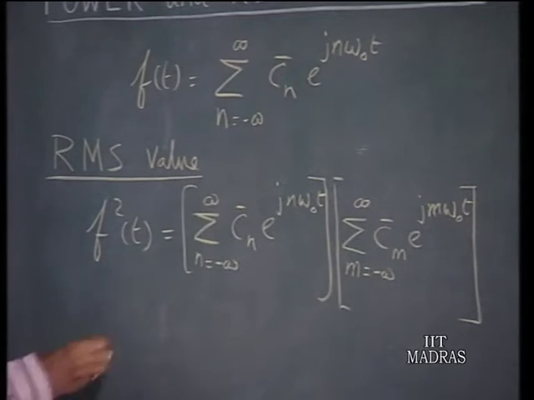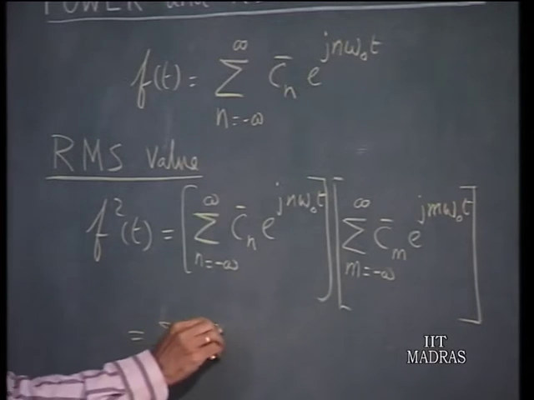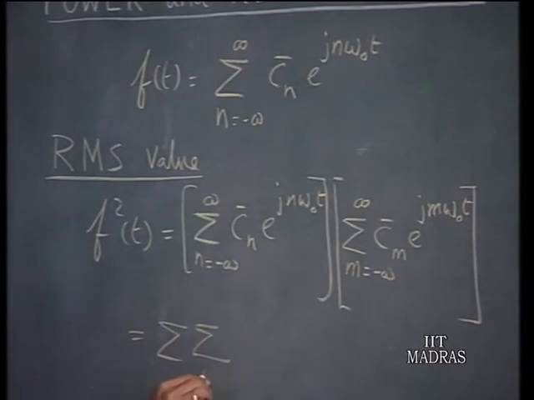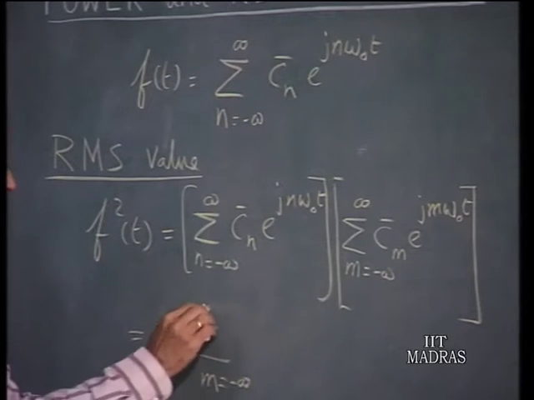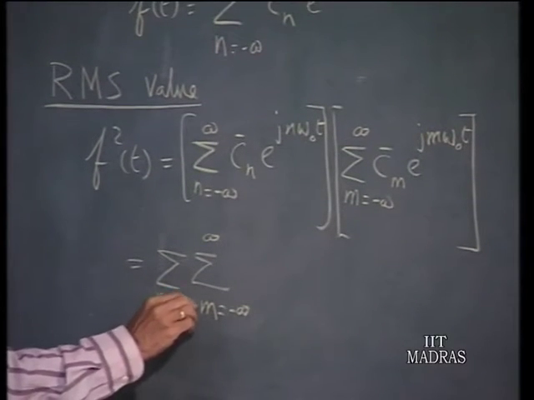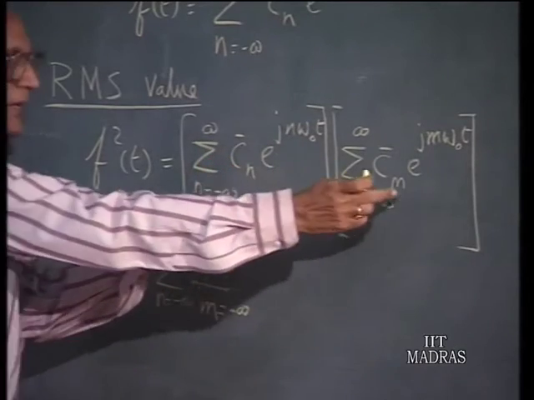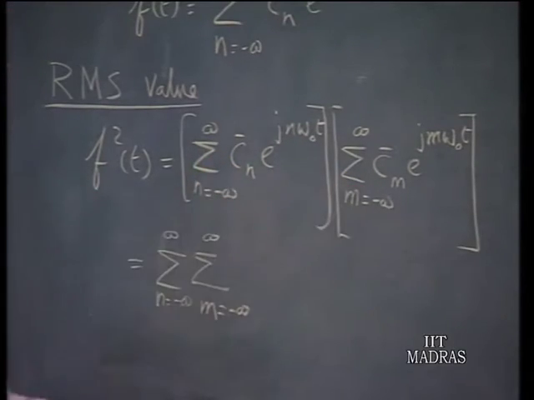This of course can be written as summation on m from minus infinity to plus infinity and summation on n from minus infinity to plus infinity. So each term here gets multiplied by each one of the terms in the second summation.